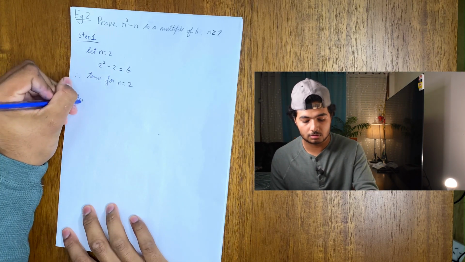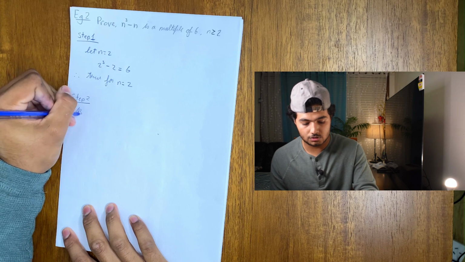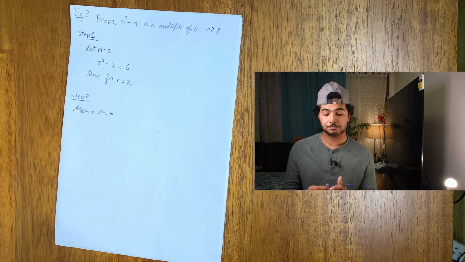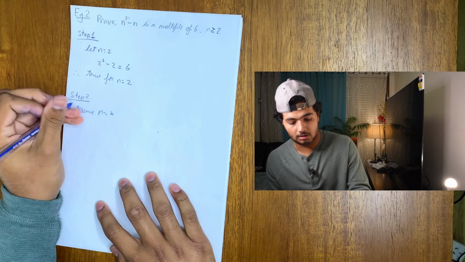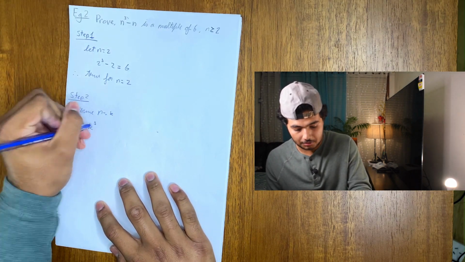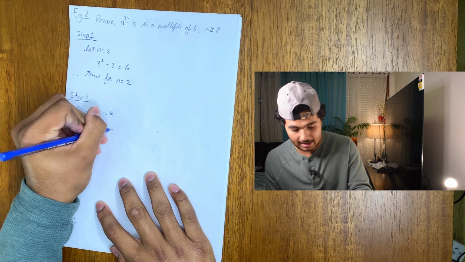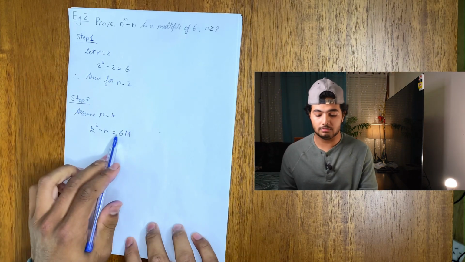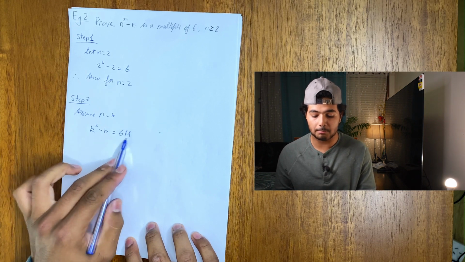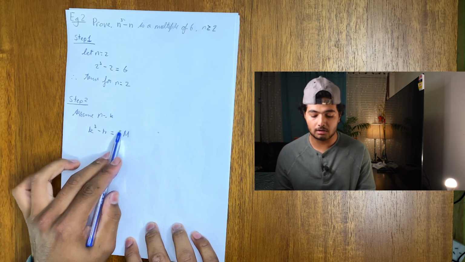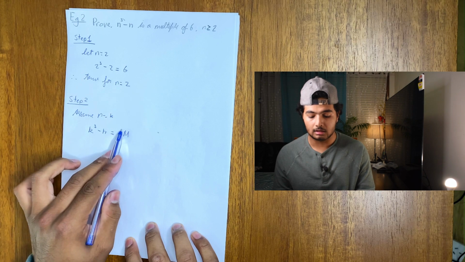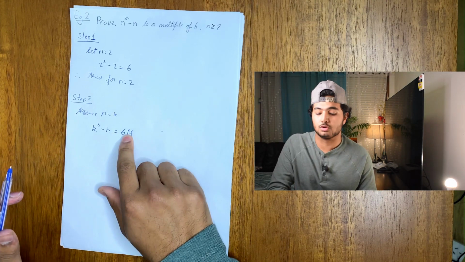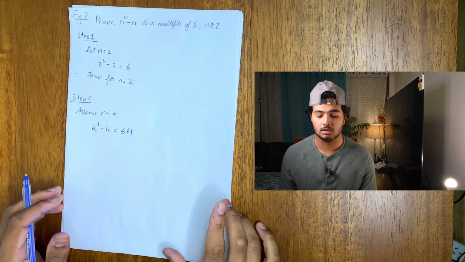Step 2. Assume n equals k. We have k cubed minus k equals 6m. Again, we need to sub in some integer multiplied by 6, where m is a positive integer.